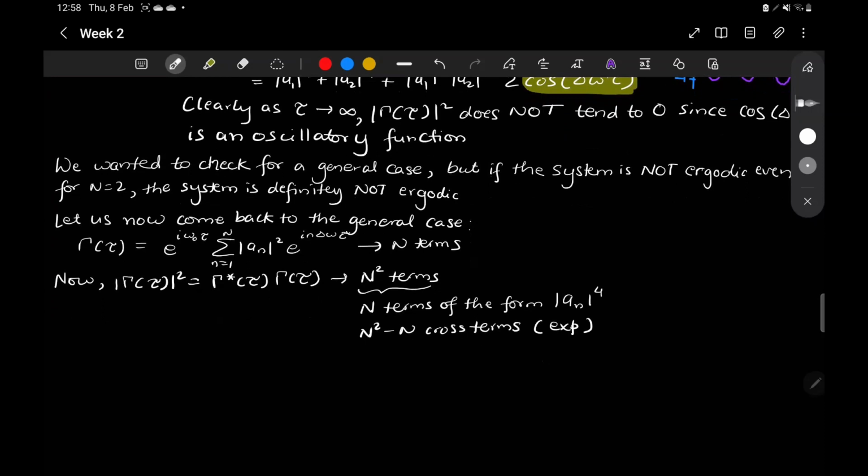So, out of these n squared minus n cross terms, what we have is n squared minus n by 2 distinct terms and the remaining n squared minus n by 2 complex conjugates.